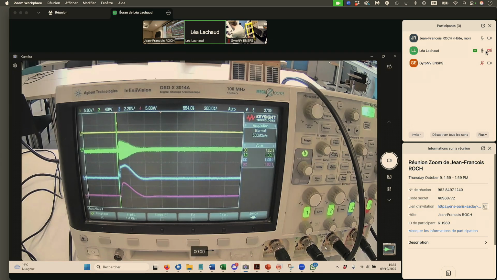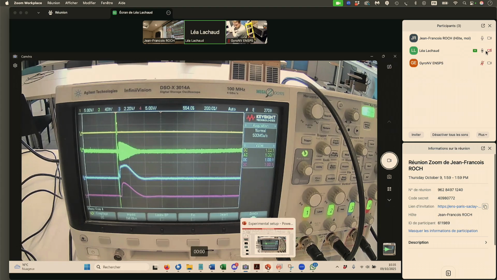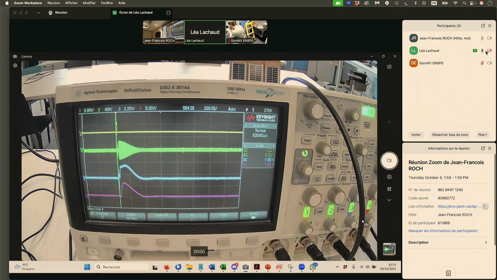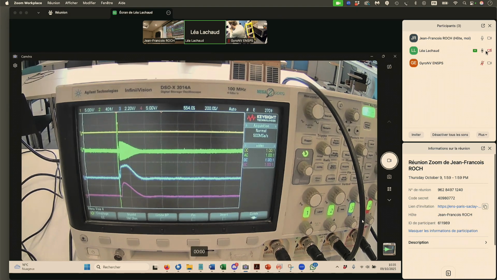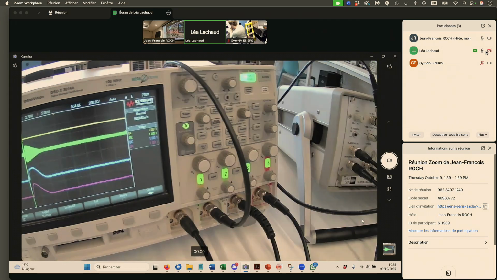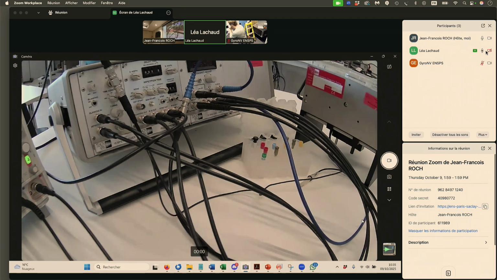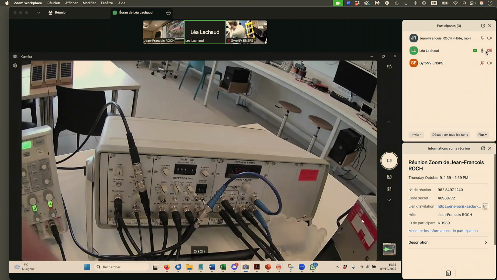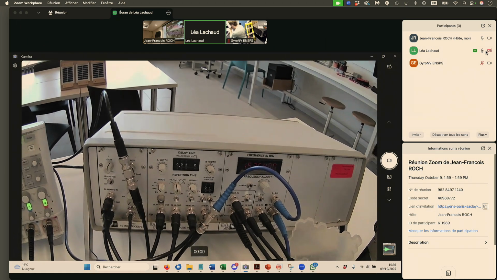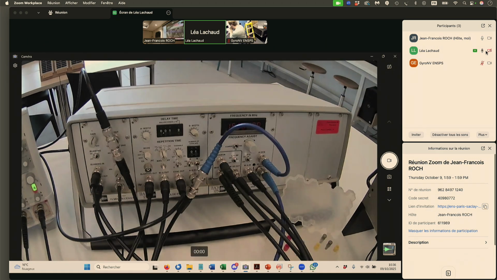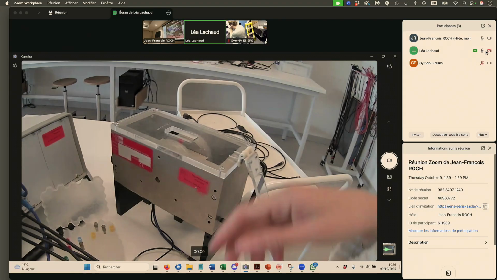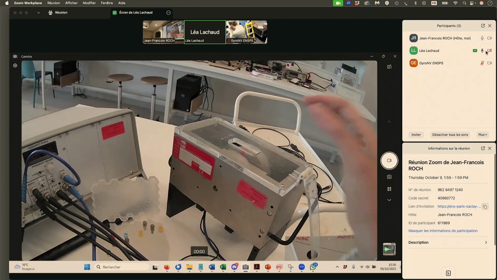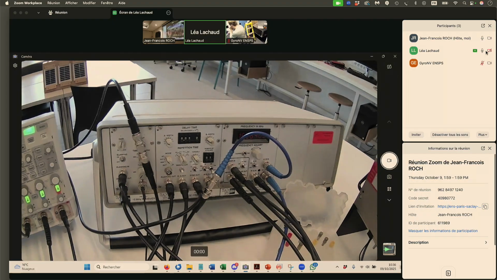Well, so first maybe I can let you have a look at the setup. As Jean-François must have told you, we are here with the magnetic resonance setup. This is the oscilloscope, which is not what matters here. The device, meaning the synthesizer of the radio frequency wave that is going to excite the sample, is this one.